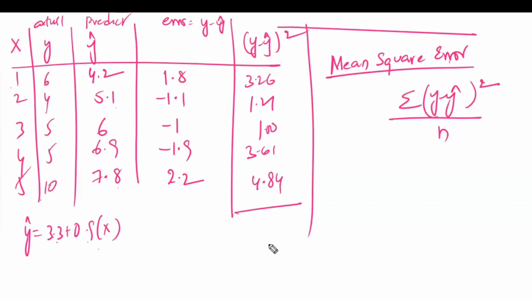The total is 12.92, divided by 5. What is the answer? 2.584.